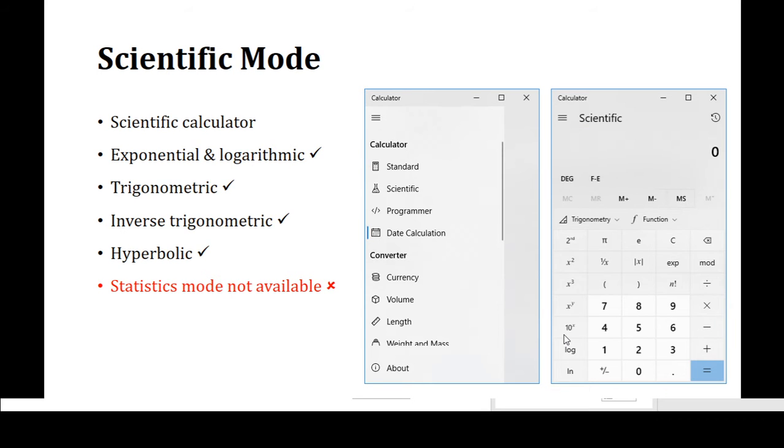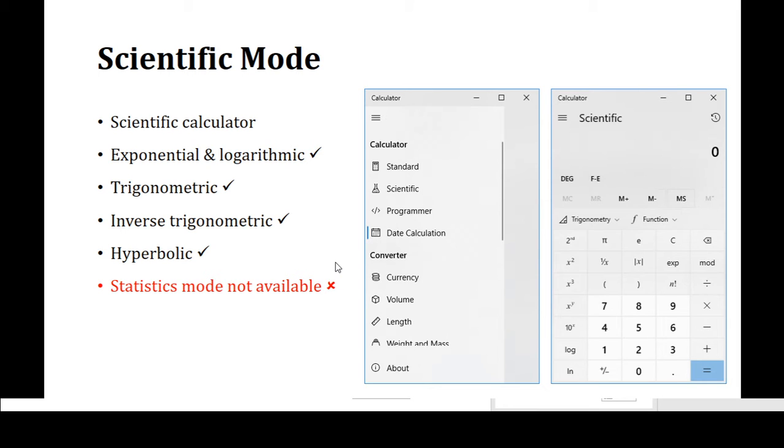Now, the second calculator is the scientific calculator, and it's again your normal scientific calculator, okay, with the functions you would expect to see in a Casio scientific calculator. So you have your exponential and logarithmic keys to perform exponential and logarithmic calculations, trigonometric calculations, inverse trigonometric calculations, hyperbolic calculations.